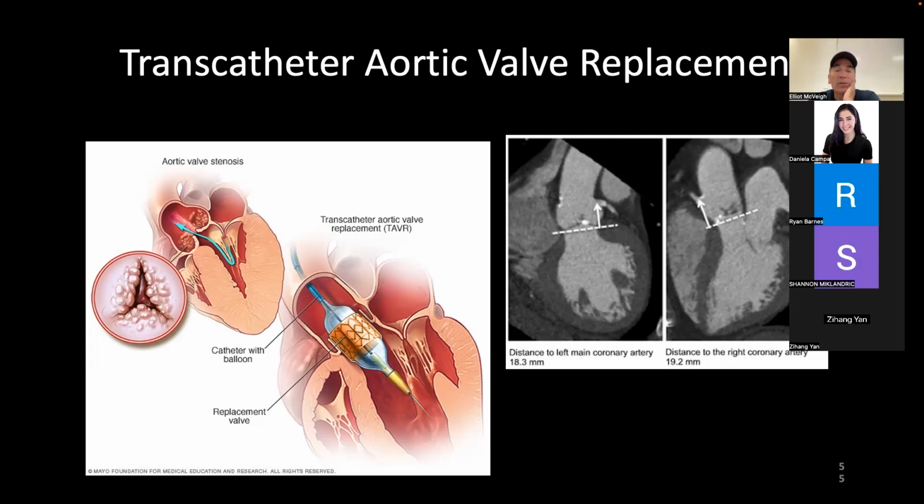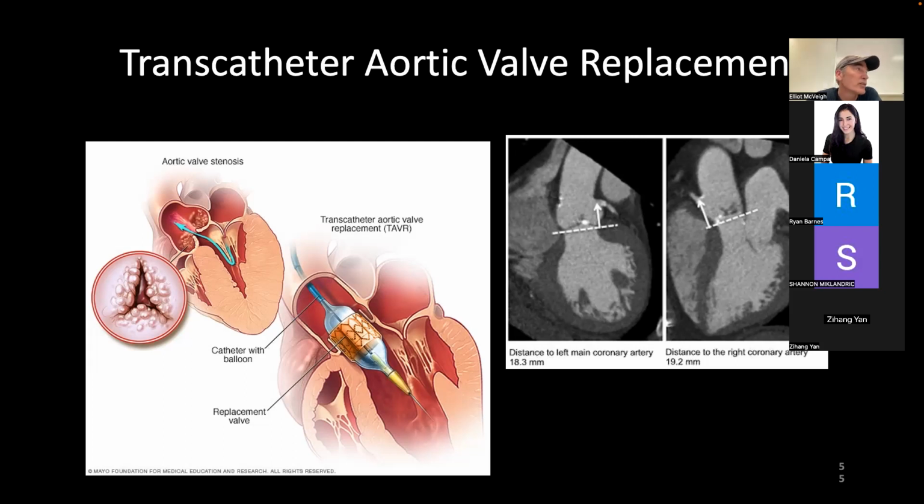So they went through a number of iterations of designing these devices such that the skirt on the bottom is the right shape so that it can't really get pushed down into the aorta. And also it has tines along here such that when you deploy it, it kind of sticks to where it is so that it's not going to move either back into the LV or out. So yes, it is impressive.